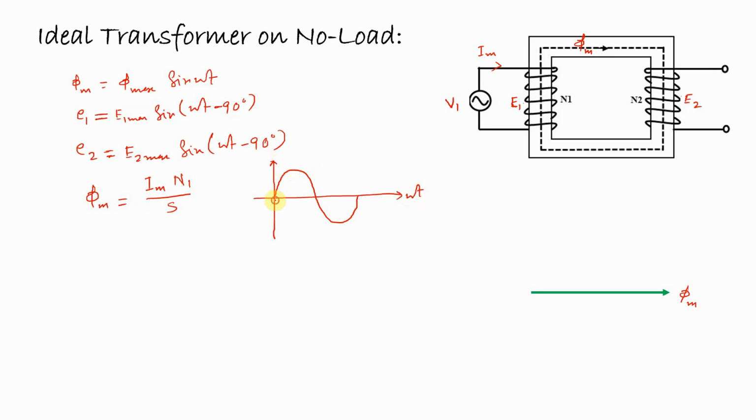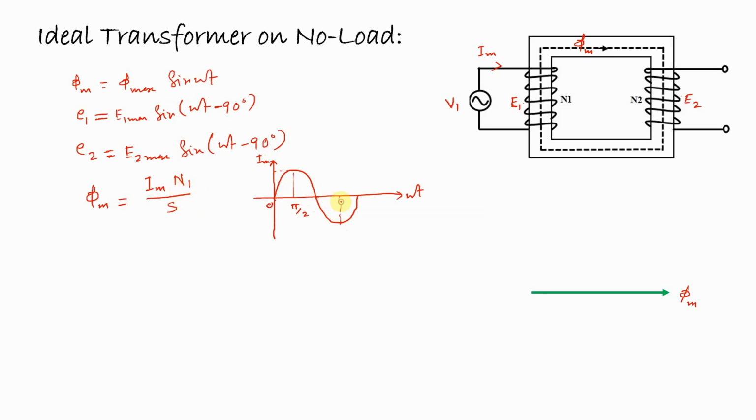So when the current is zero, the flux will also be zero. When the current is maximum, the flux will also be maximum. When current is further zero, flux will be zero. When the current is minimum on the negative side, the flux will also be minimum.